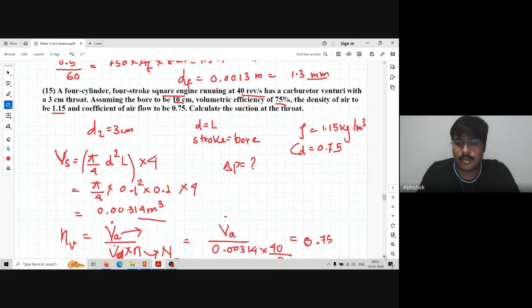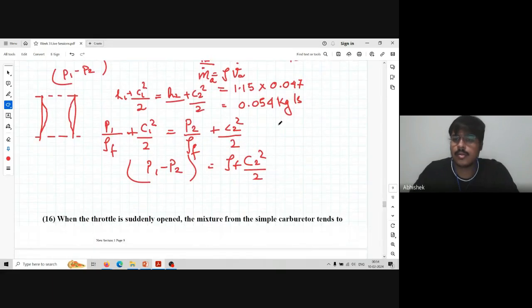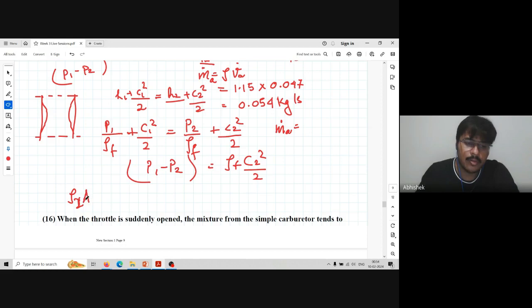Okay, mass flow rate was given, right? So you can calculate it. What is the formula for mass flow rate of air? It is rho 2 A2 C2.